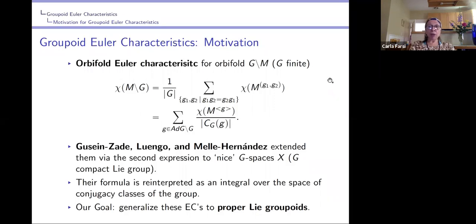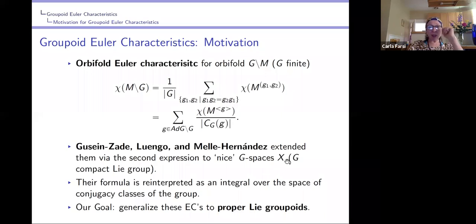And the idea here, the motivation, is this. Gusein-Zade, Luengo, and Melle-Hernández extended some of these characteristics to nice G-spaces X, where G is a compact Lie group. That was done recently, maybe a couple of years ago.